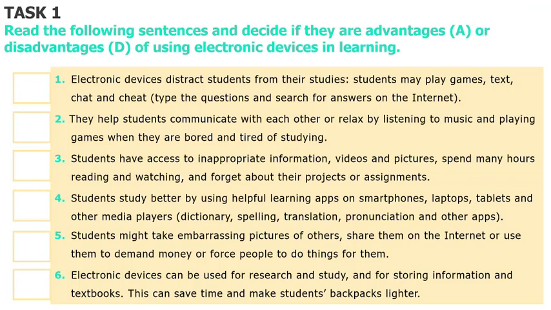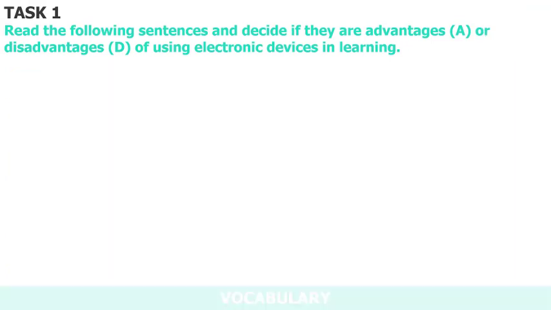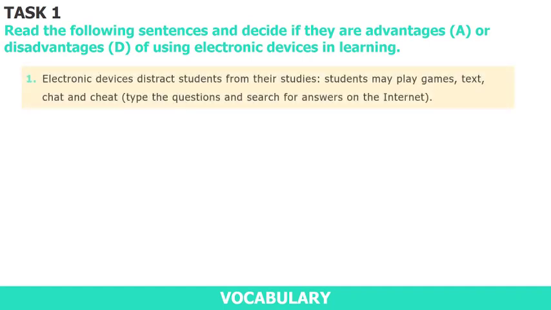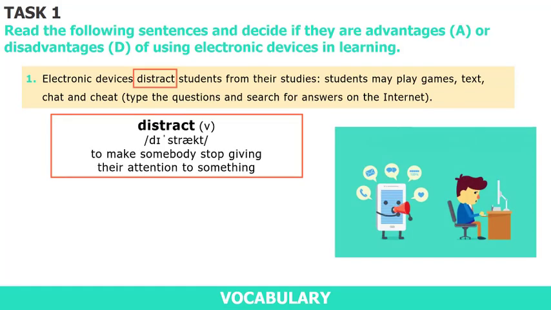Now, I will introduce some new words. Look at the first sentence. Do you know the meaning of the word distract? Distract means to make somebody stop giving their attention to something. The Vietnamese meaning is làm sao nhãng.